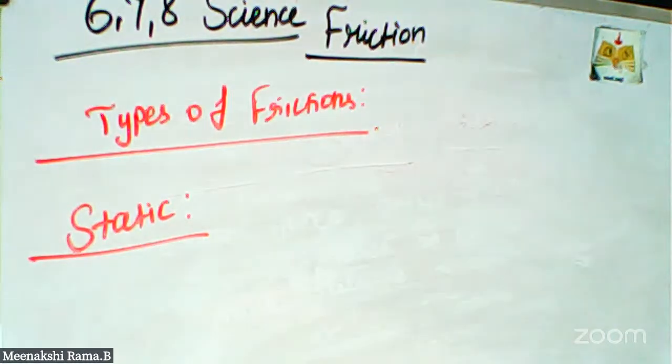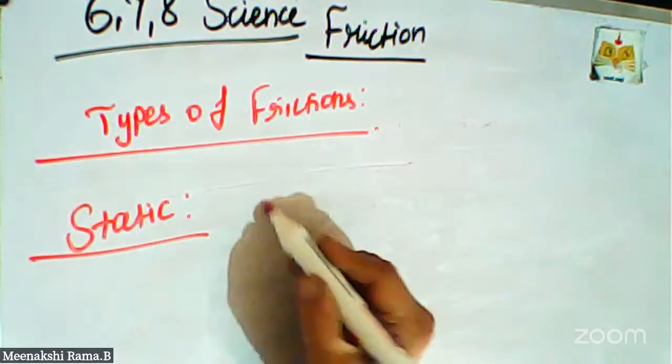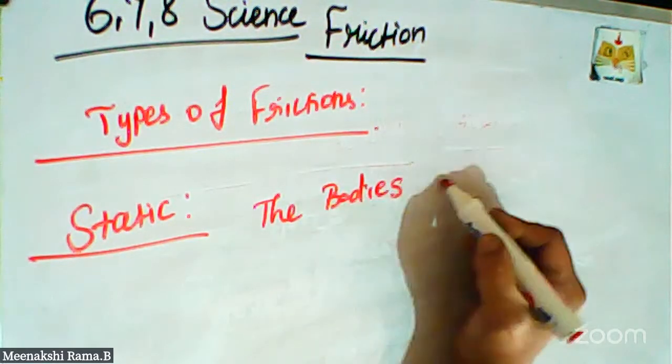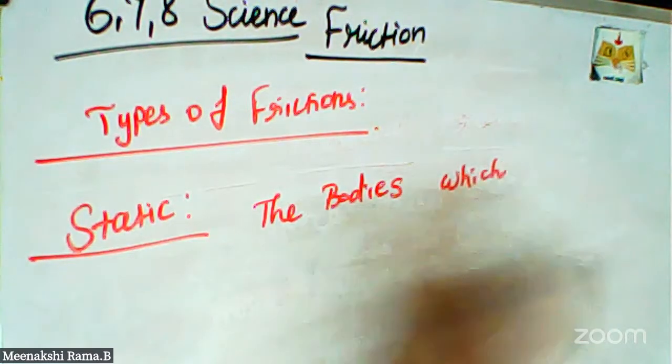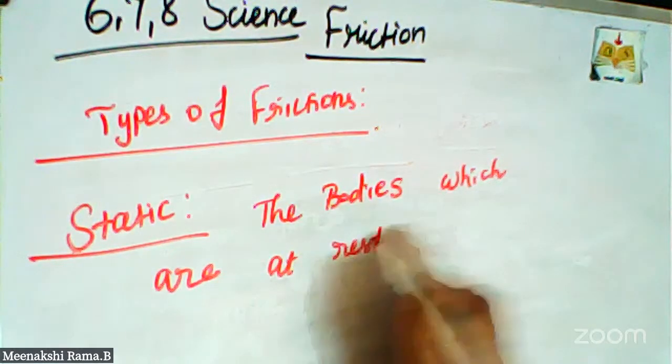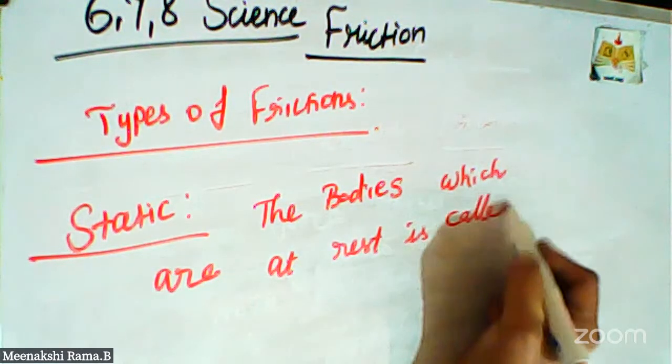Kinetic friction means the motion of bodies. A moving bus, a moving car, moving wind. These are all examples of kinetic friction. Static friction: the bodies which are at rest.